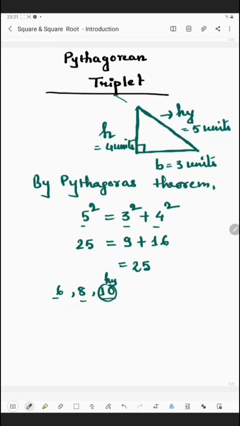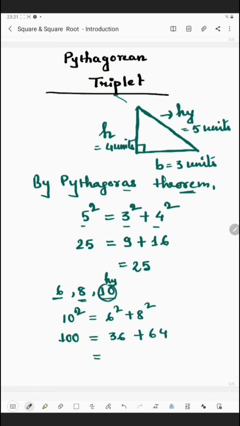As we know, according to Pythagoras theorem, hypotenuse square, which is the longest side, will always equal the sum of the squares of base and height. So it will be 6 square plus 8 square. Now 10 square means 10 into 10, 100, and 6 square means 36 plus 8 square means 64.